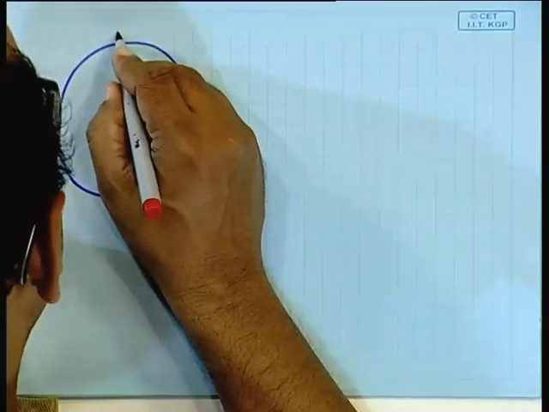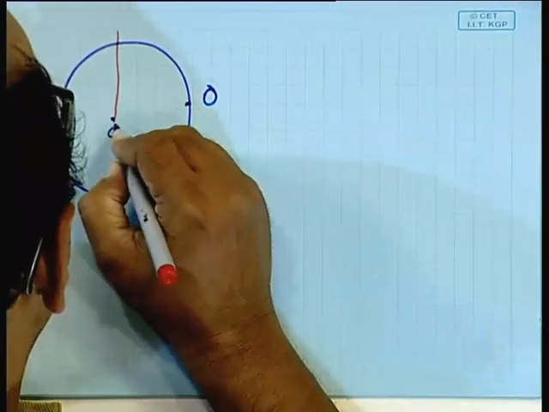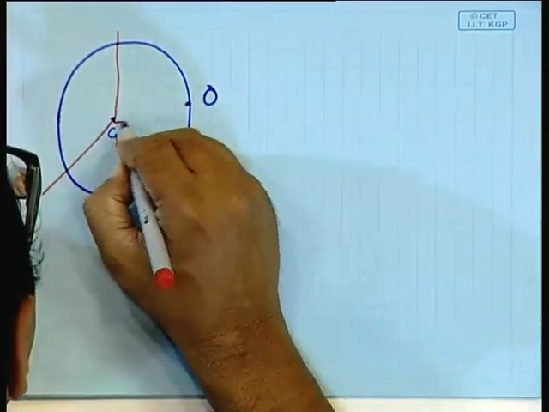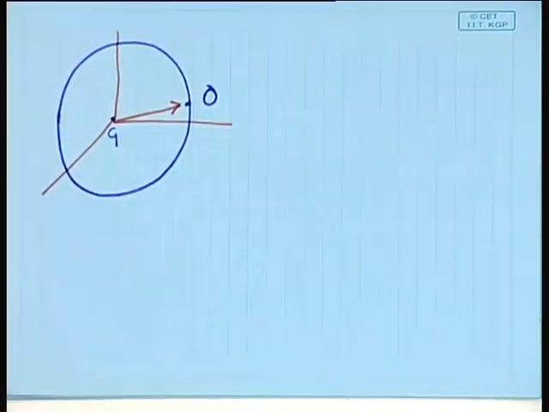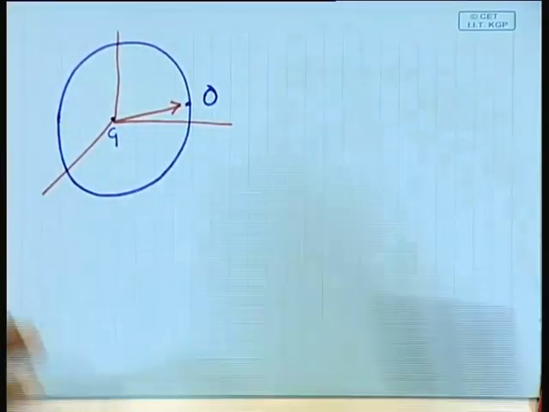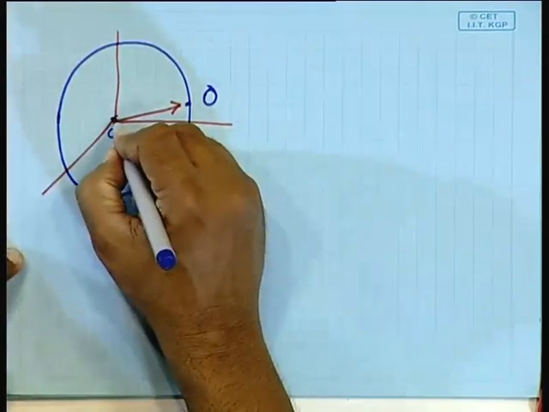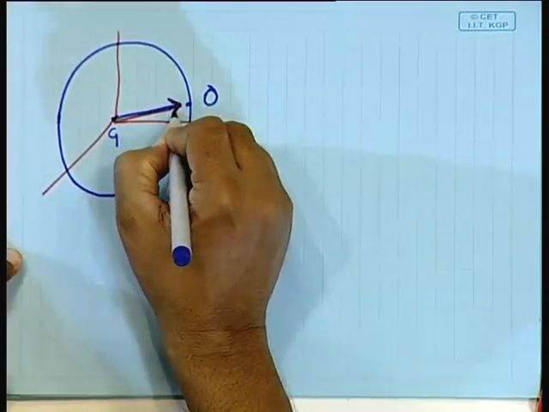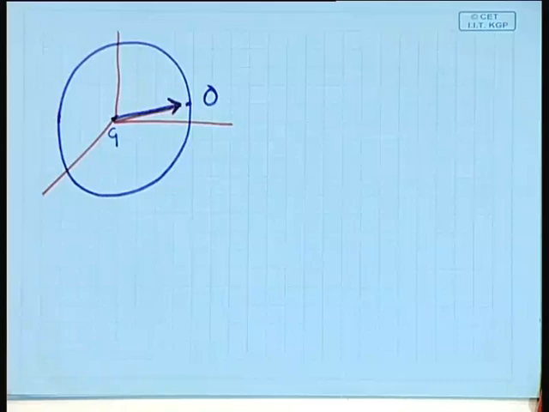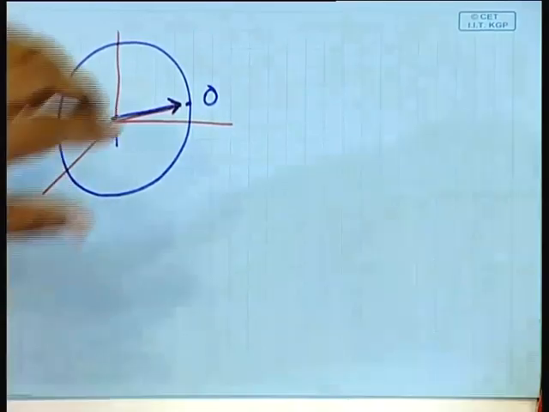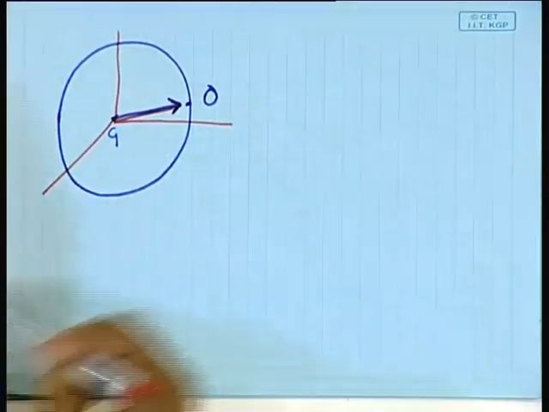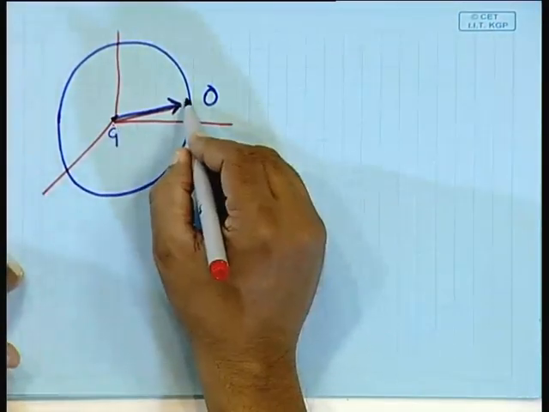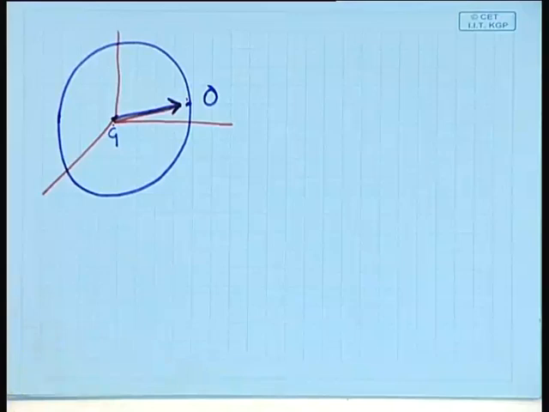So, this is the origin, and the light propagates from here to here. Let me put in a different color. The light propagates along the chi direction, the radial direction. This corresponds to chi equal to 0, this corresponds to value chi.